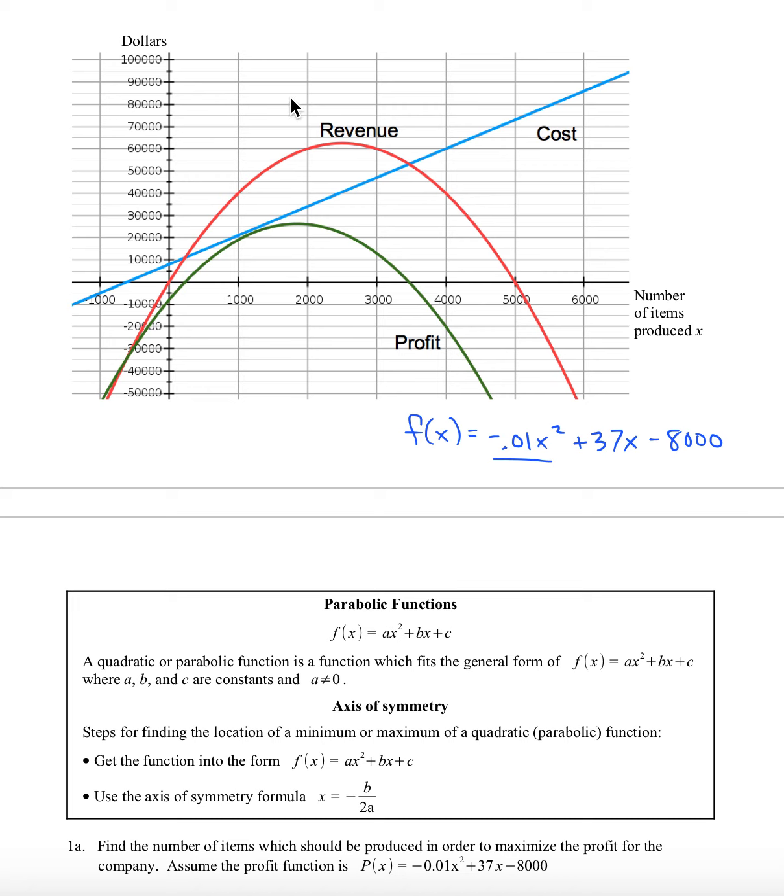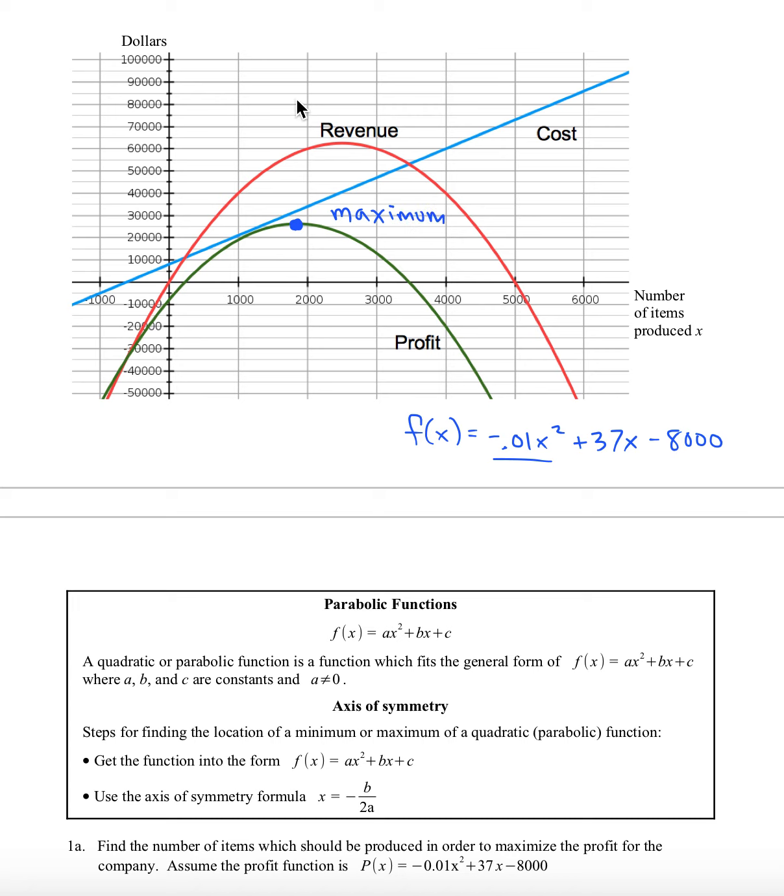Somewhere on that curve, there's going to be a maximum, which is the highest point that the profit reaches. In math, it's called a local or relative maximum.